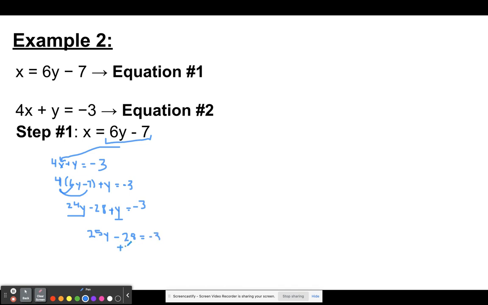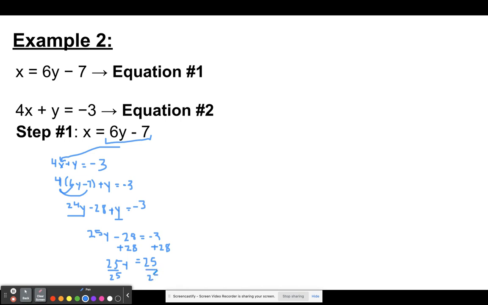I'm going to add 28 to both sides because my goal is to isolate y. And that's going to give me that 25y is equal to 25. My very last step, I'm going to divide both sides by 25.